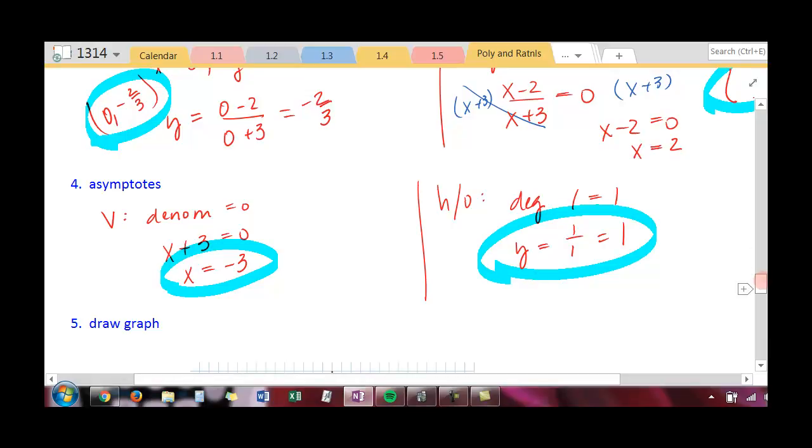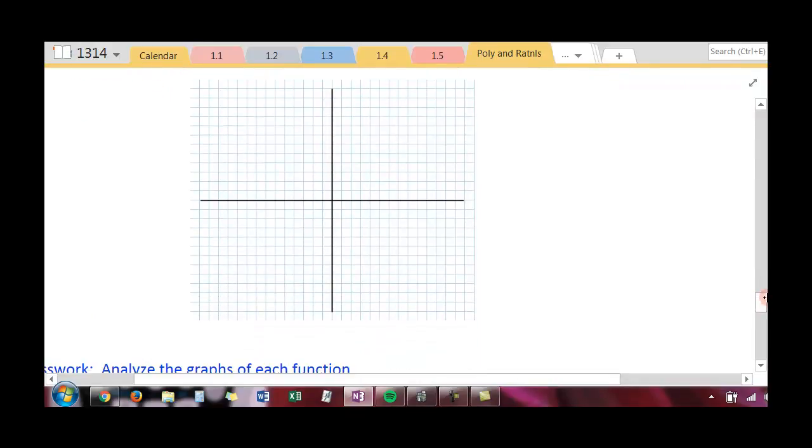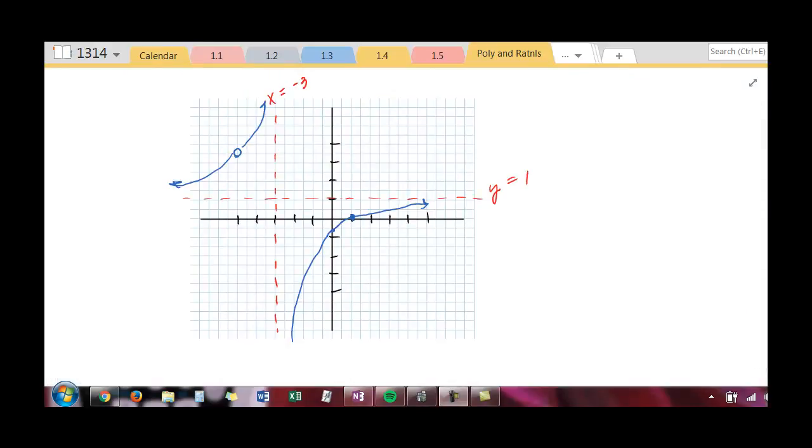I'm going to put all of that information on my graph, and then use my calculator to figure out how to draw it in. You can see that I've put everything on my graph already. I put the asymptotes on here: the vertical asymptote at x equals negative 3 and the horizontal asymptote at y equals 1.